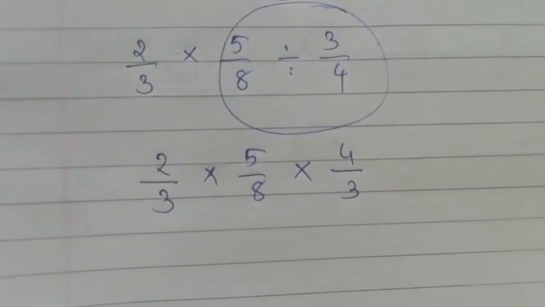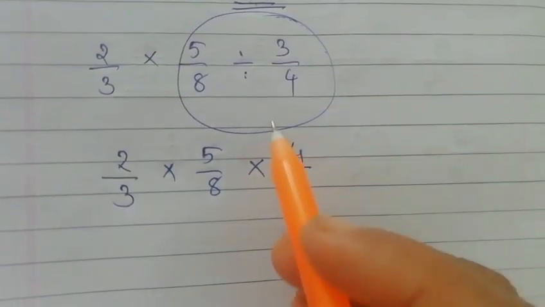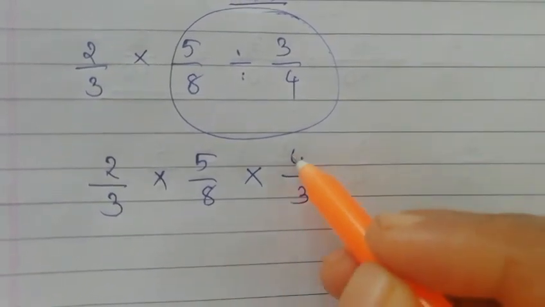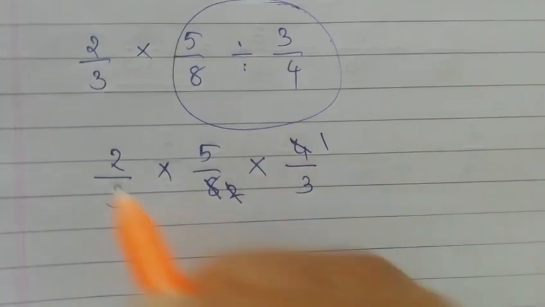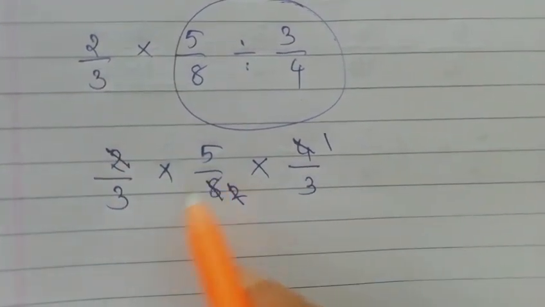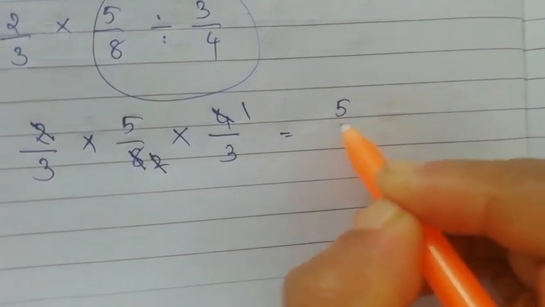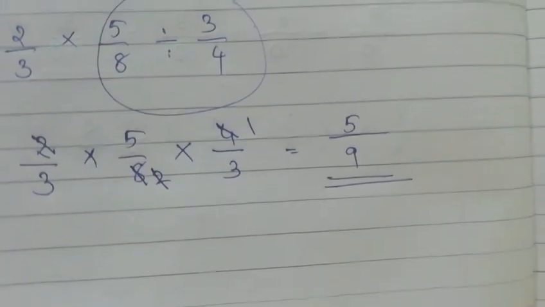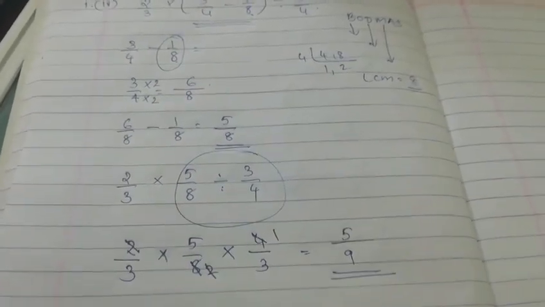Then all these are multiplication itself, you can directly multiply that. Any cancellation coming, you can cancel. 4 ones are 4, 4 twos are 8. 2, 2. 5, 3, 3. There is no other number to cut. 5 into 1, 5. 3 into 3, 9. 5 by 9. This is the simplification of this question. Clear now?